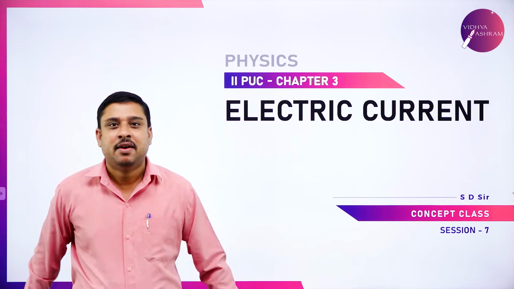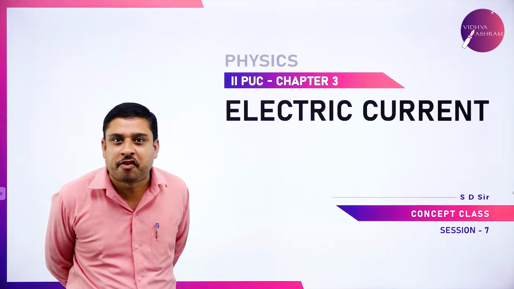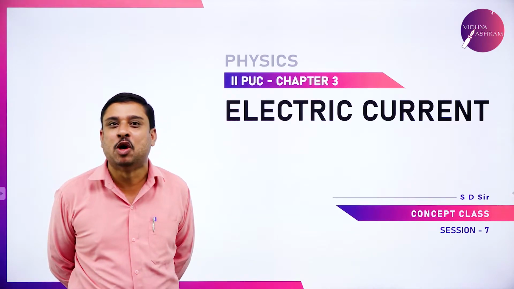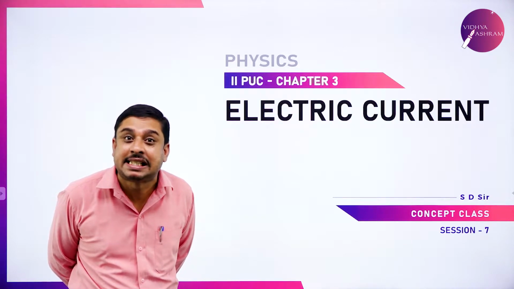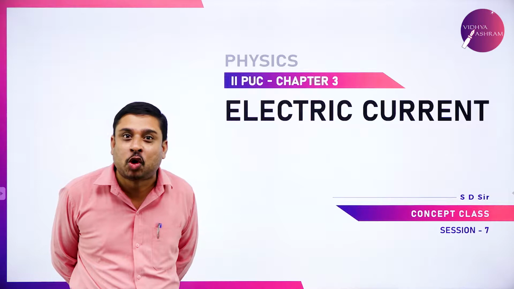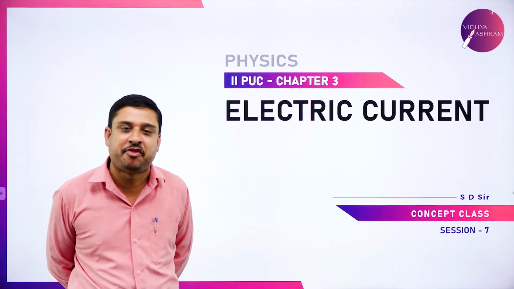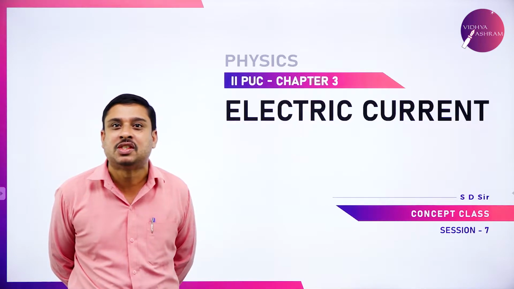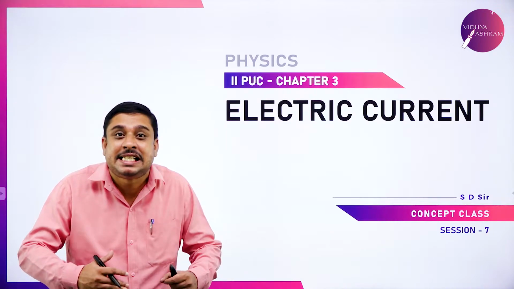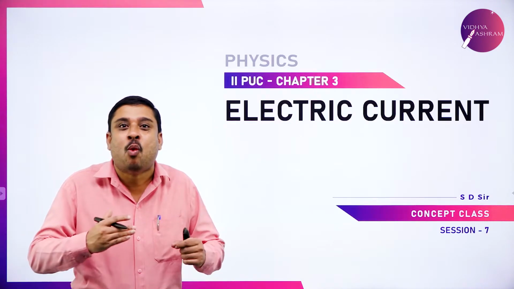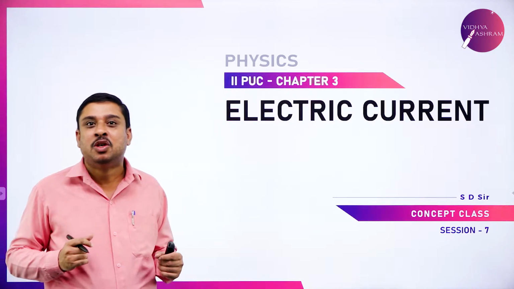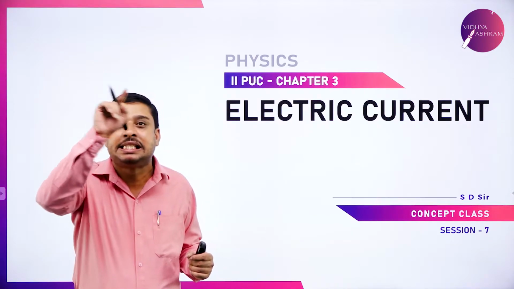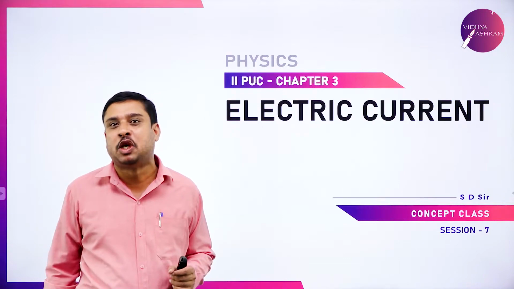My dear students, we discussed the topics of open circuit, closed circuit, and short circuit when it comes to a cell. And we also told that EMF, the so-called electromotive force, is the energy spent by a cell, the work done by a cell to move a unit positive charge once completely through a circuit.